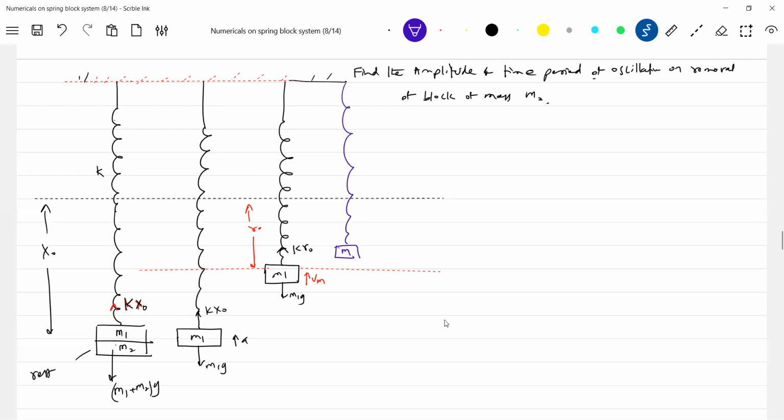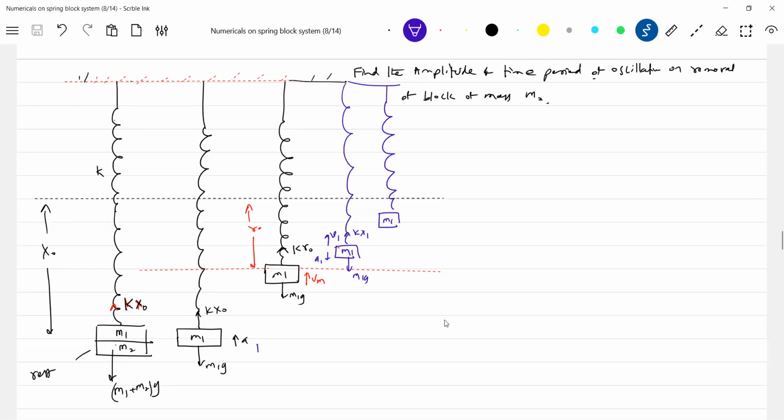It will have velocity v1, retardation like this, with some kx1 against m1g, and finally it will come to instantaneous rest. This will be the instantaneous rest here. So still some elongation will be there in the spring. Now tell me, what is the amplitude?